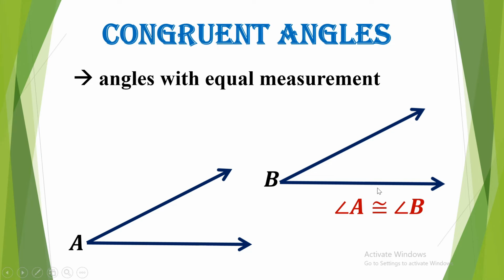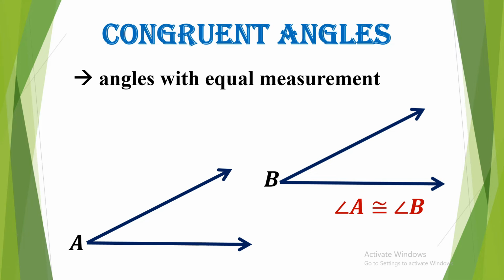Take note, for congruency, we have this symbol. Actually, it is taken from the two symbols. This wavy line here above the equal sign is the symbol for similarity. And when we say similar, we are pertaining to two objects with the same shape.